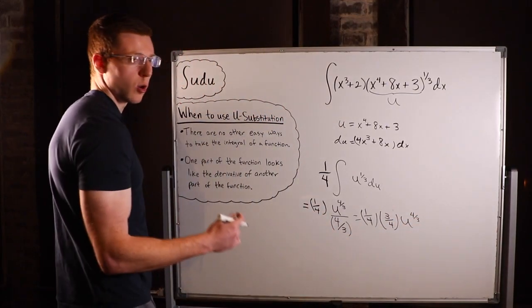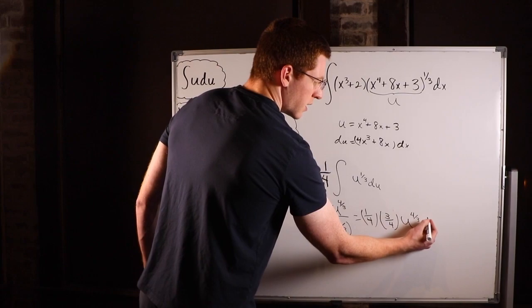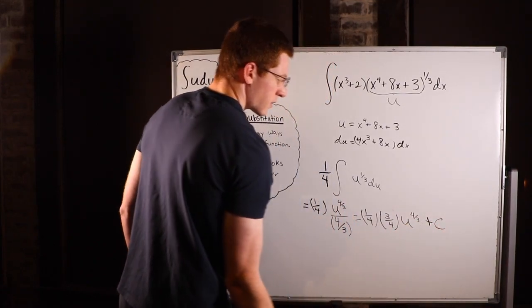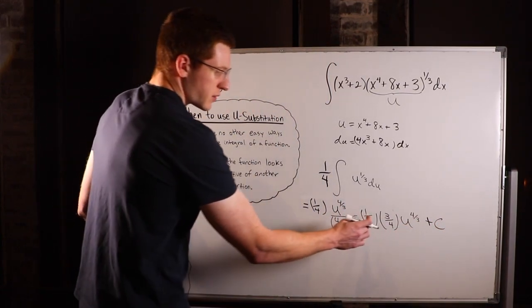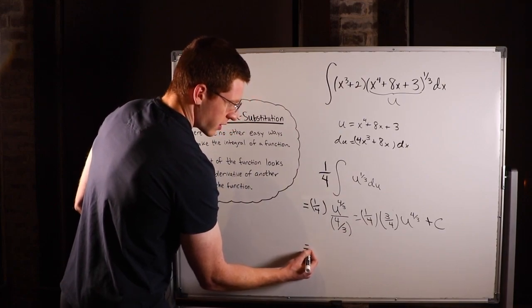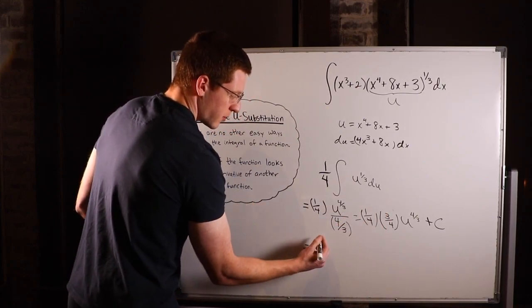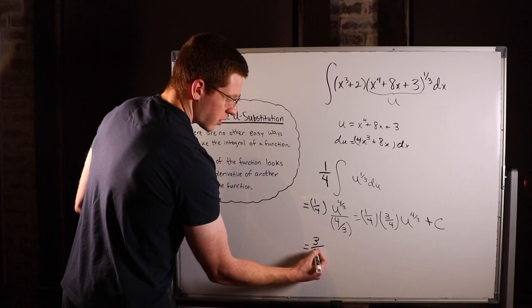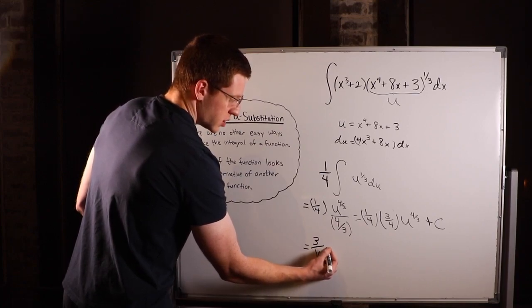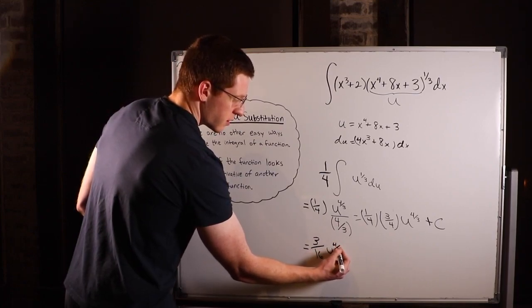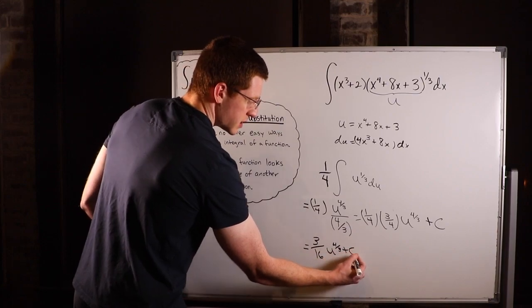And remember, always add your integration constant plus c. So now all I have to do is multiply out these fractions, and this is going to be top times top, 1 times 3, 3 over 16, u to the 4/3 plus c.